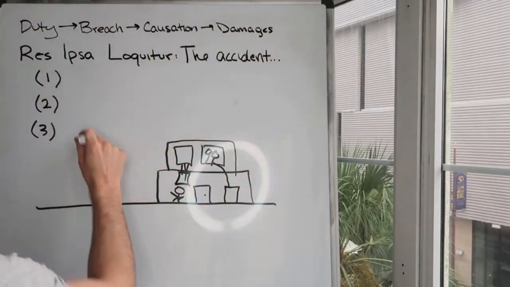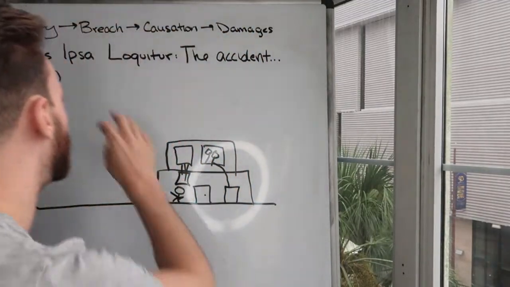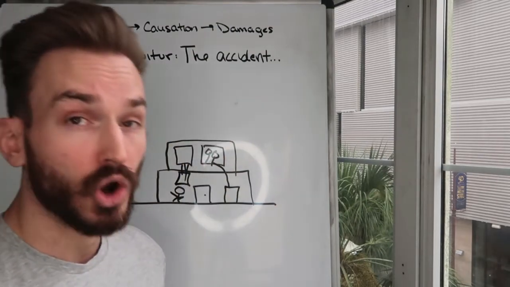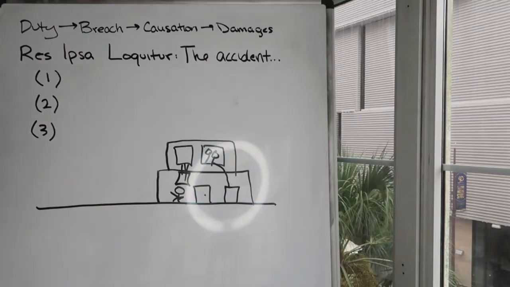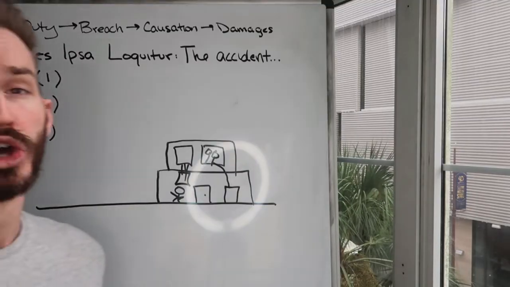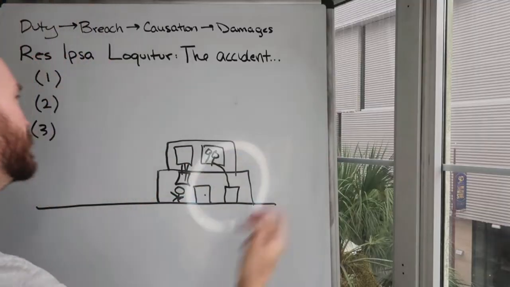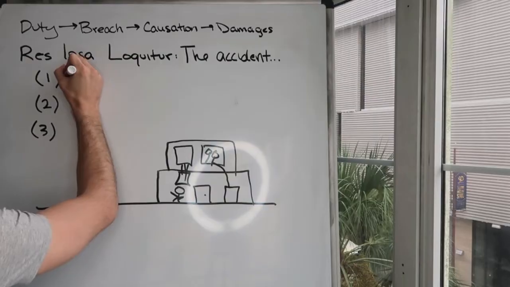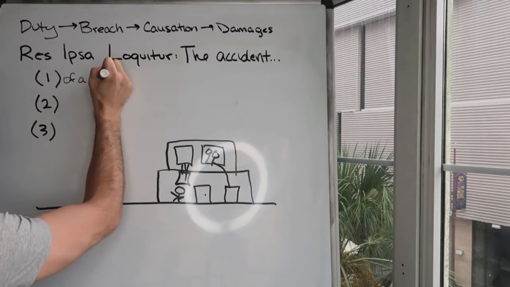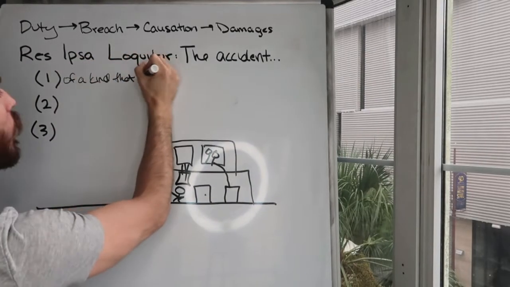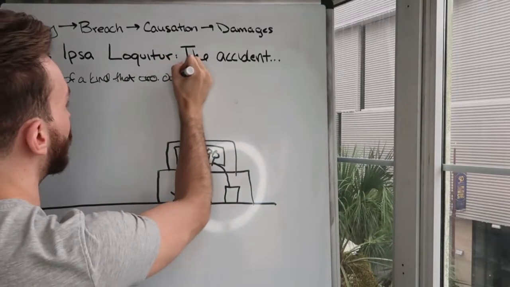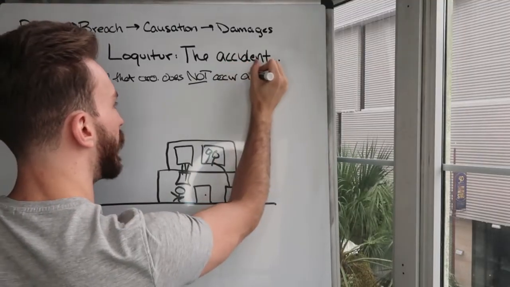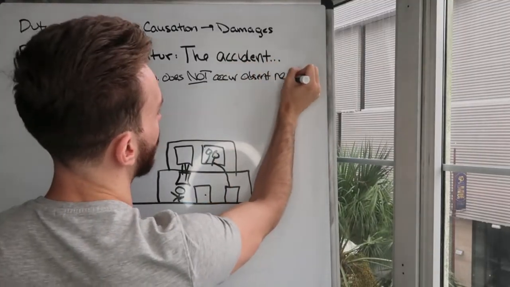And so over time, we've developed 3 elements to establish res ipsa loquitur. Number 1, the accident resulting in harm was of a kind that ordinarily does not occur in the absence of negligence. So here we can say the accident was of a kind that ordinarily does not occur absent negligence.